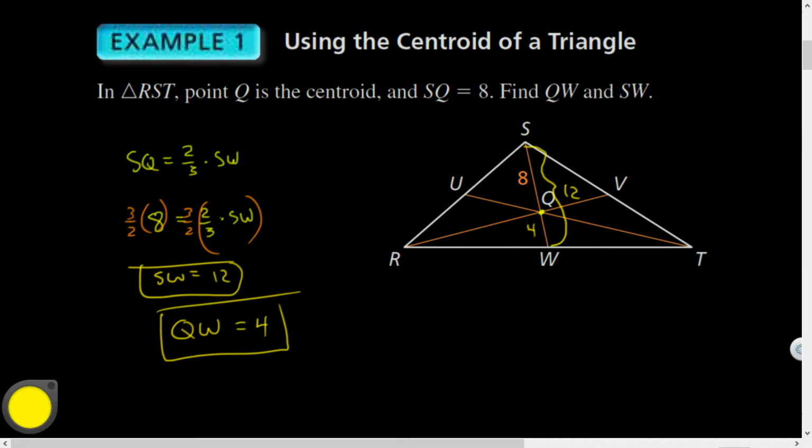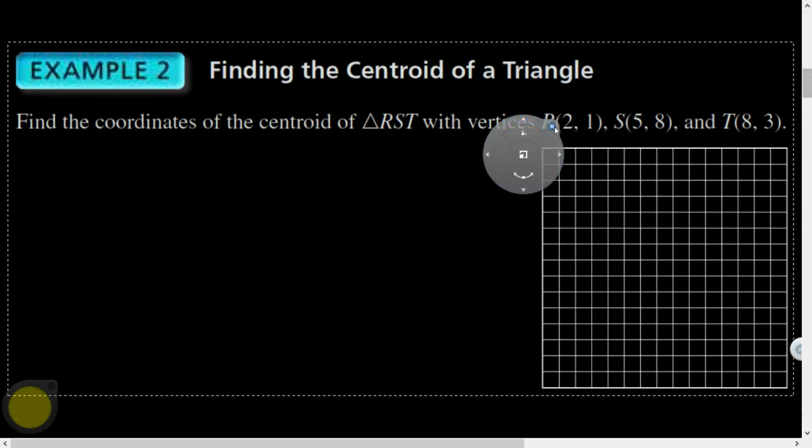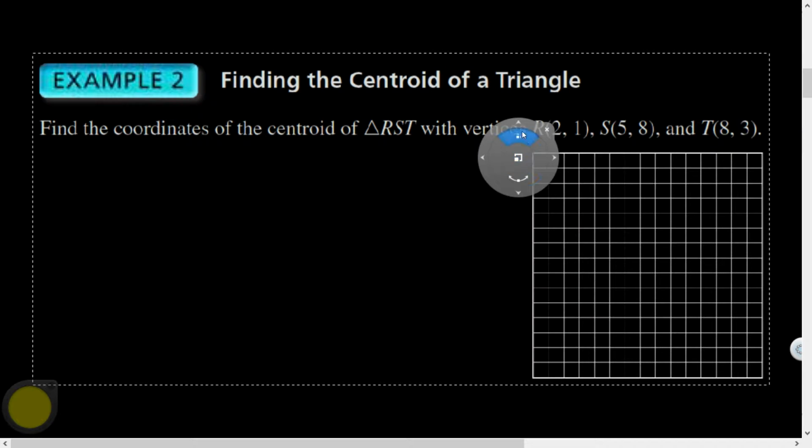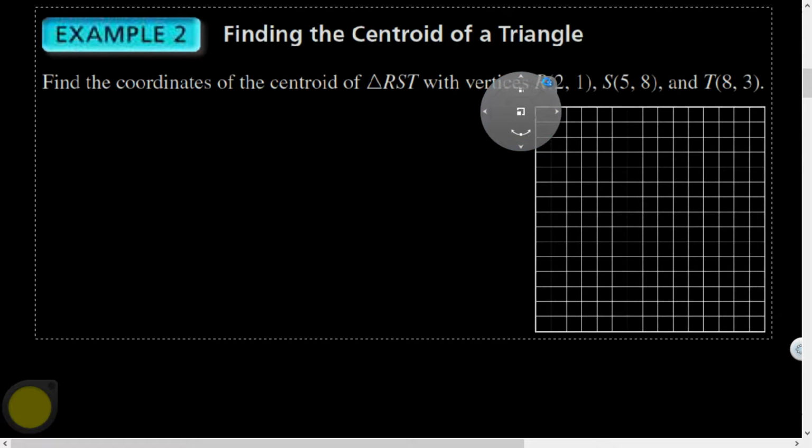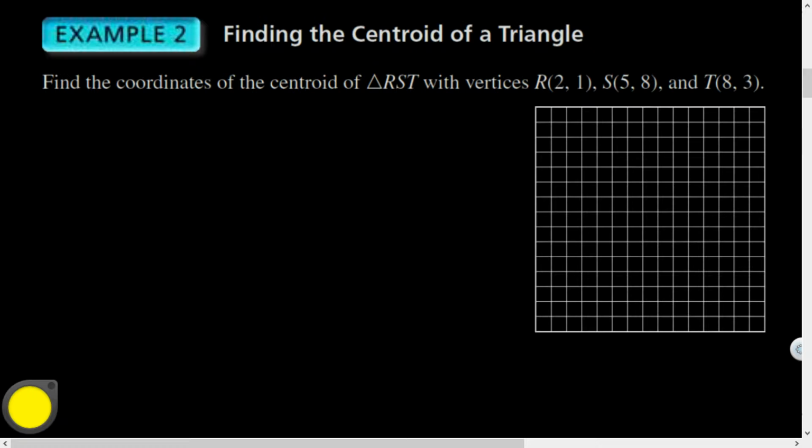Let's see about working with the coordinate plane. All right, so here we go. Example 2: Find the coordinates of the centroid of triangle RST with the given vertices. I gave us a coordinate plane without an axis on it. It looks like all of these points are in the first quadrant, so I anticipate I'll be able to plot all my points there.